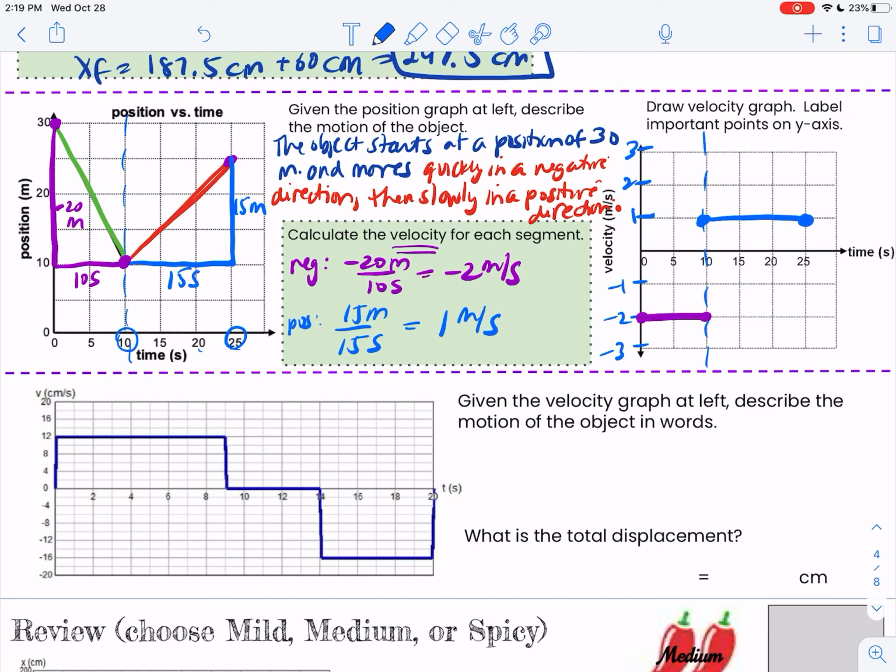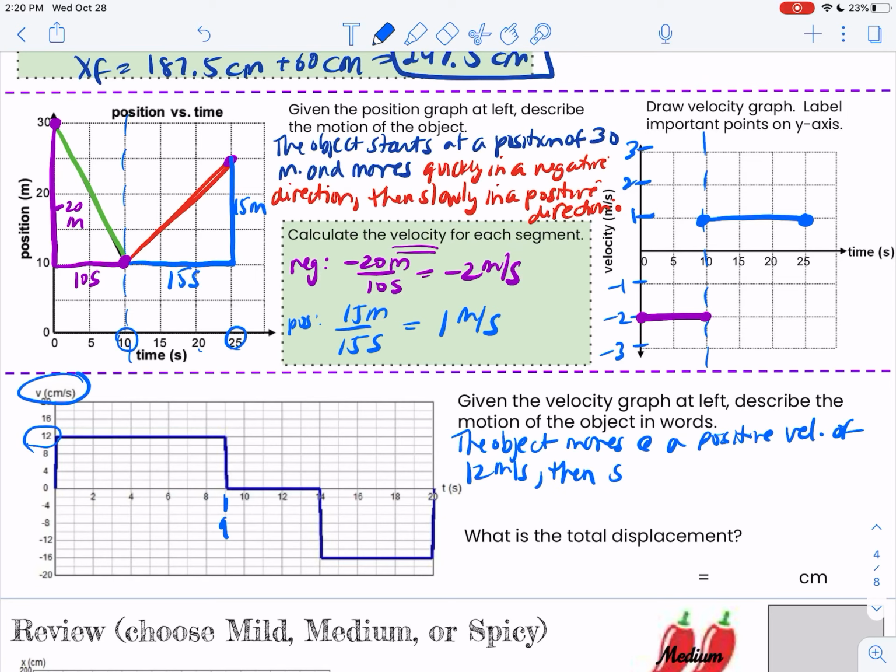All right, and then the last part, given the velocity graph, describe the motion in words. Okay, so this is velocity. So this is telling me, the first one, the object moves at a positive velocity of 12 meters per second, okay? I could say for 9 seconds, if I want to do that.